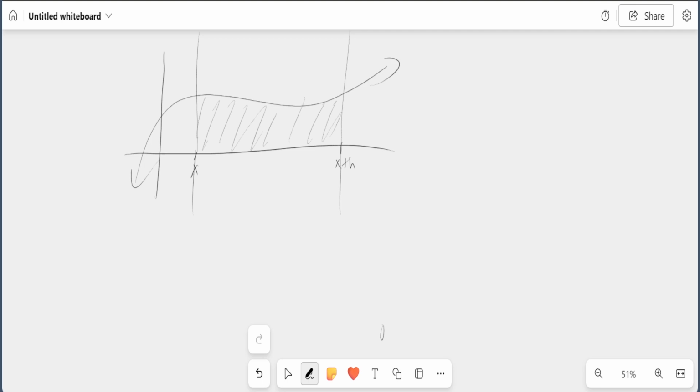Well, let's pretend that there was this. I'm going to do colors for this just because it makes a little more sense. So the blue is the area I want to find, right?